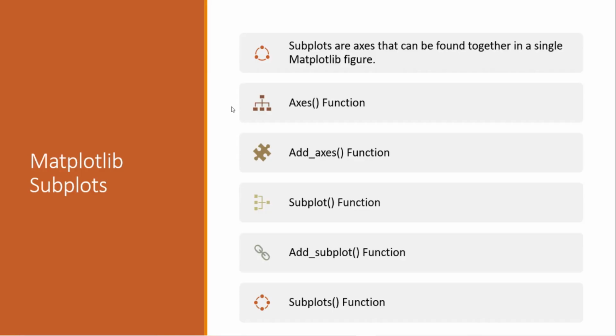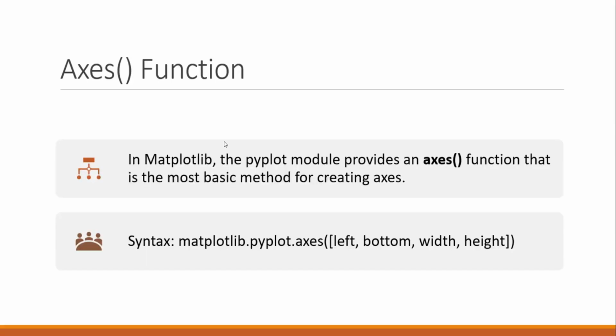So let's understand each function in detail. Firstly, we will understand the axes function. In Matplotlib, the pyplot module provides an axes function that is the most basic method for creating axes, which means plots.